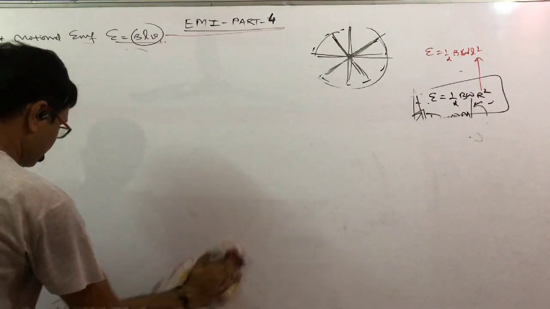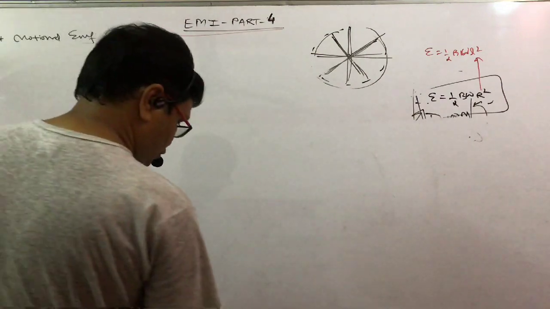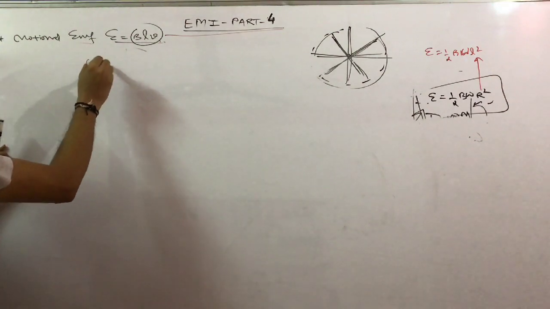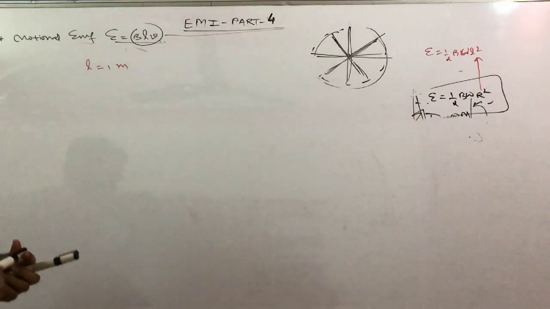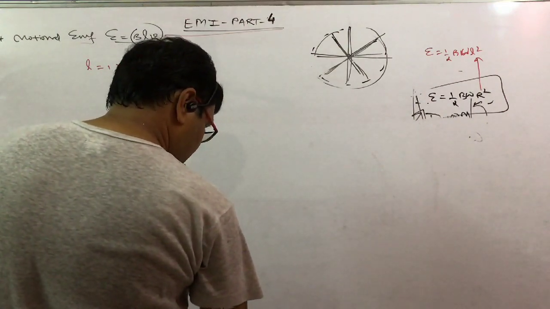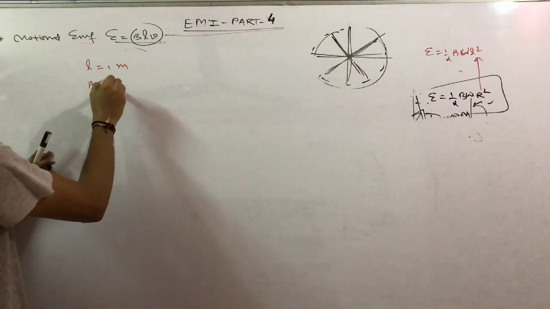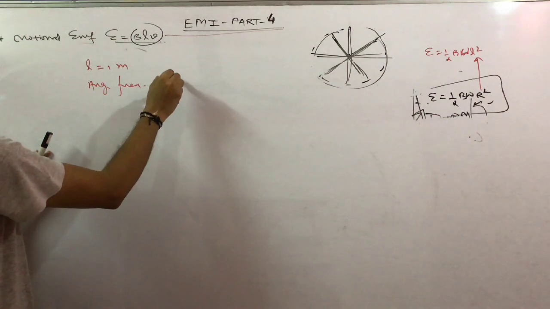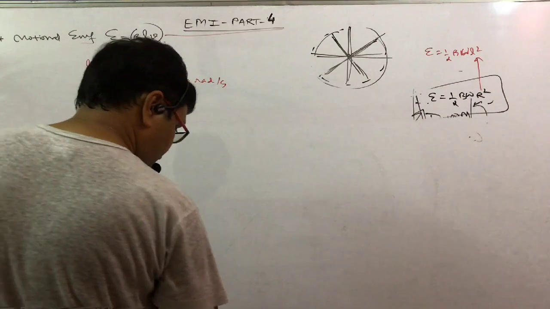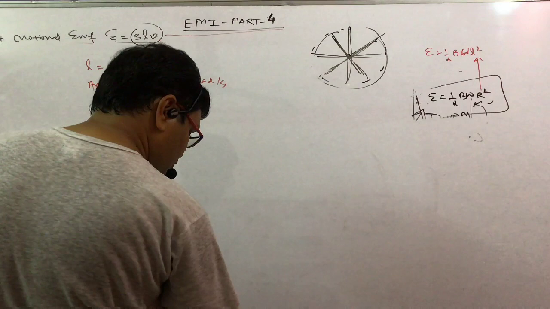मोस्ट IMP JEE नीट शॉर्टकट। अब मैं आपको एक क्वेश्चन देता हूँ और मोस्ट ऑफ स्टूडेंट्स को आना चाहिए। There is a long metallic rod of length 1 meter, rotated with angular frequency 400 radian per second about an axis normal to the rod passing through its one end.